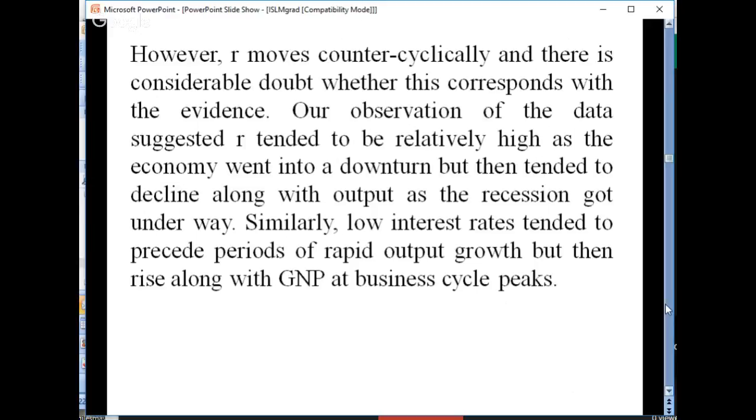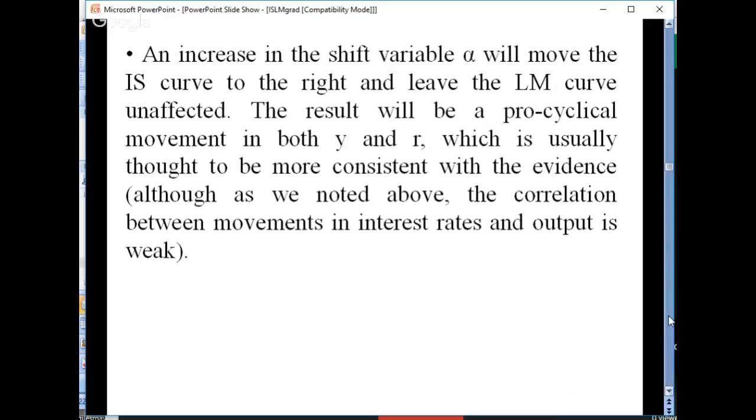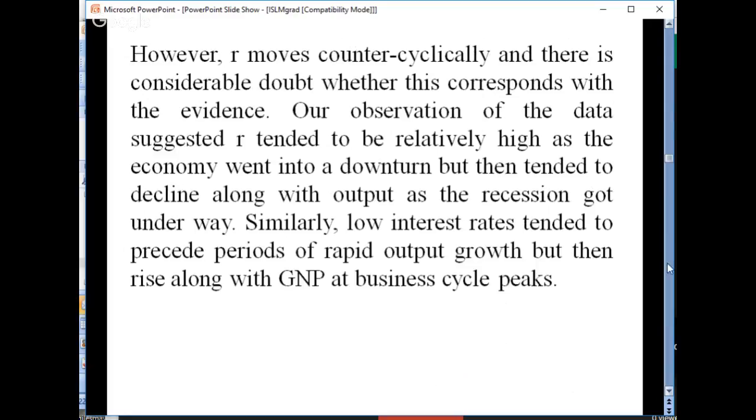Our observation of the data for interest rates was that they tended to be relatively high as the economy went into a downturn, but then tended to decline along with output as the recession got underway. Similarly, low interest rates tended to precede periods of rapid output growth, but then rise along with GNP at business cycle peaks. So it's not clear that it moves counter-cyclically.